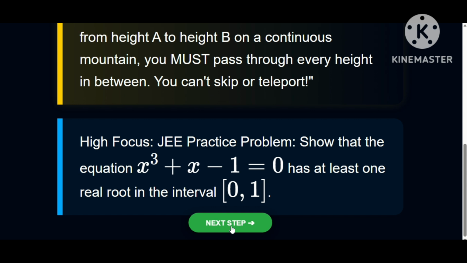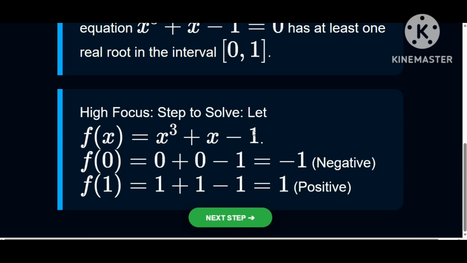According to the intermediate value theorem, f of x is equal to x cubed plus x minus 1. F of 0 is equal to 0 cubed plus 0 minus 1, that is equal to minus 1. F of 1 is equal to 1 plus 1 minus 1, which is equal to 1.